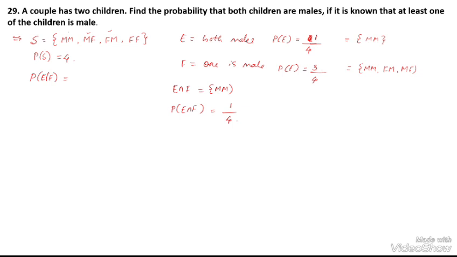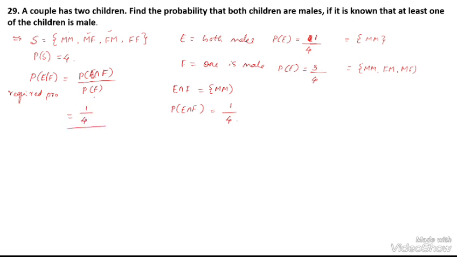We want to find the conditional probability. The required probability is probability of E given F, which is probability of E intersection F divided by probability of F. The probability of E intersection F is 1 by 4.